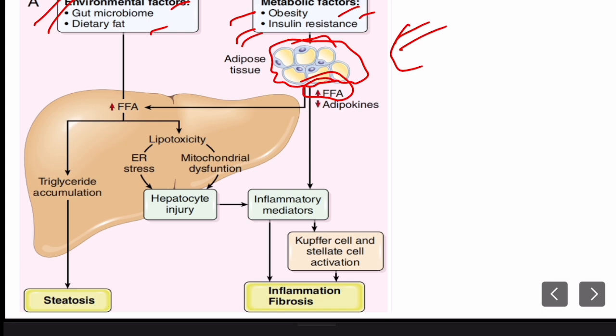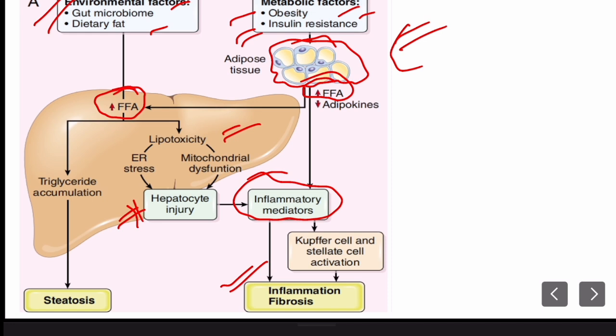So these free fatty acids are taken up by the hepatocytes, and in the hepatocytes there will be lipid peroxidation, because of which there is necrosis of the hepatocytes, damage to their plasma membranes, mitochondrial dysfunction. All this is leading to hepatocyte injury, and there is also an inflammatory response, as we discussed earlier, by the Kupffer cells and also by some inflammatory mediators released by the dysfunctional adipocytes. So that will cause the inflammation and fibrosis associated with MASLD.